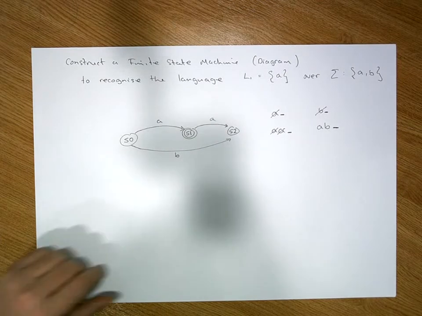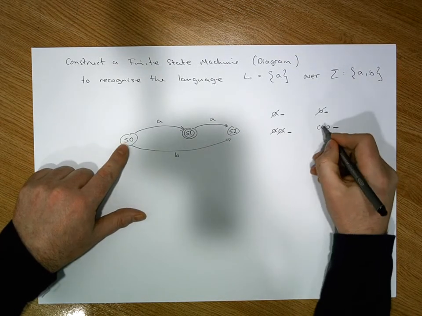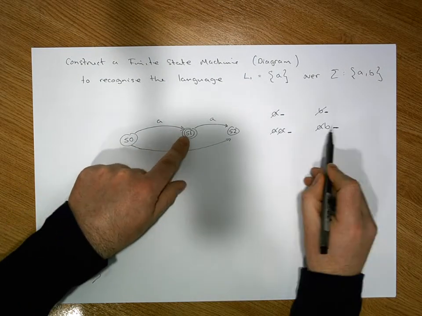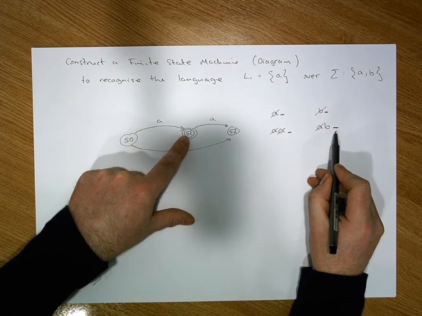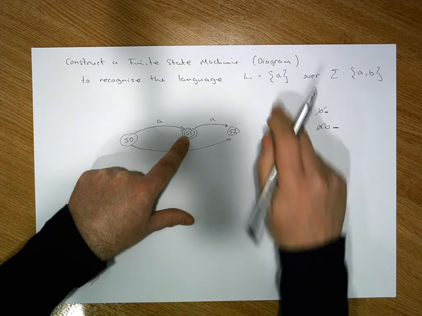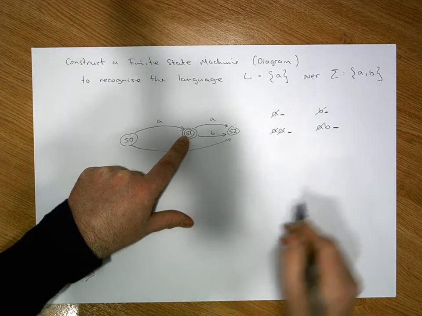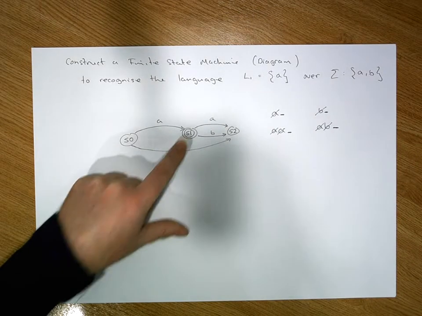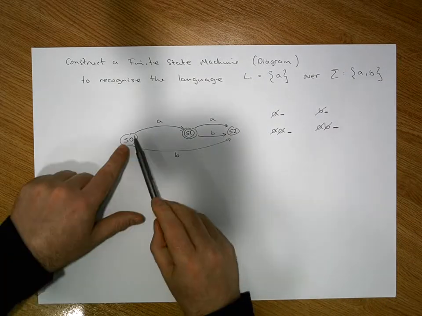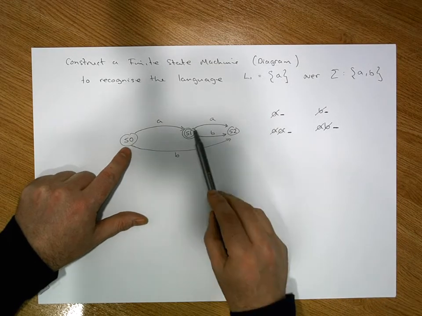But what happens if we pass in an A and a B into this machine? When we pass in an A in state 0, we consume the A, which takes us to the final state. We haven't reached the terminating symbol, so we should try to consume a B. But we shouldn't accept this word because it's not in the language, so let's take this to S2 on a B. At this stage, this machine will still only accept the single character, but won't accept any words of length 2.